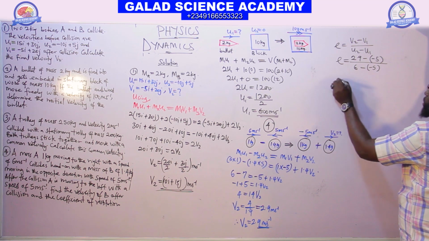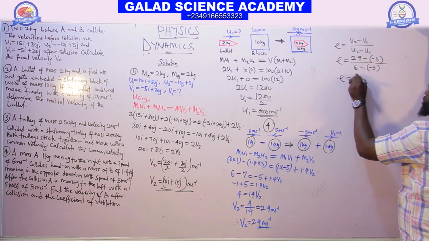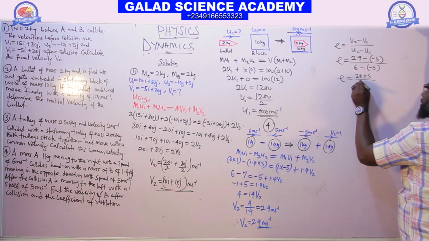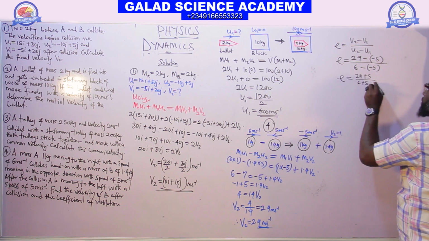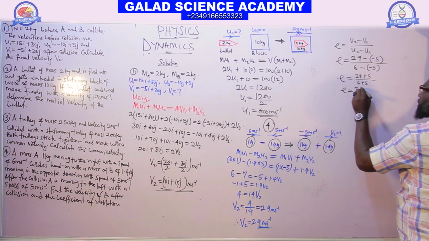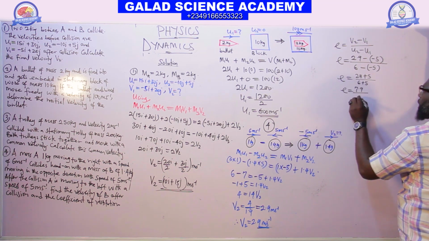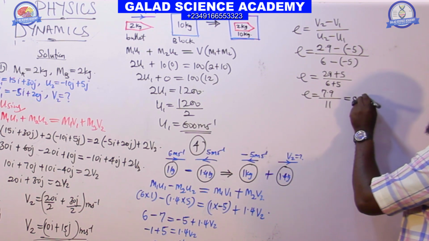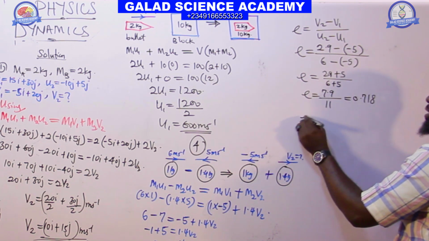So E should be 2.9 plus 5 over 6 plus 5. E equal to 7.9 over 11, which is 0.718.